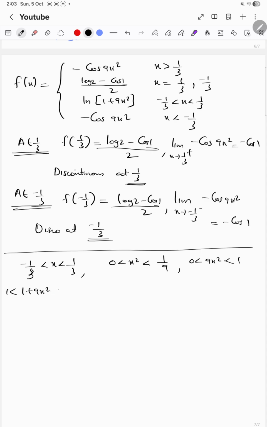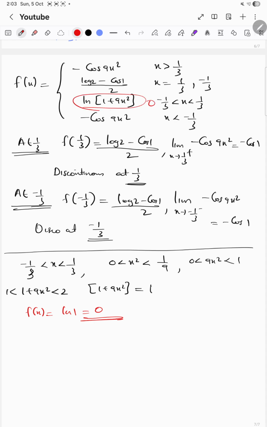It lies between 1 to 2. So greatest integer of 1 plus 9x square, I can write it as what? 1. So here this portion, what I can do is I can directly write f of x as just log 1, which is 0. Okay, log 1 is 0.